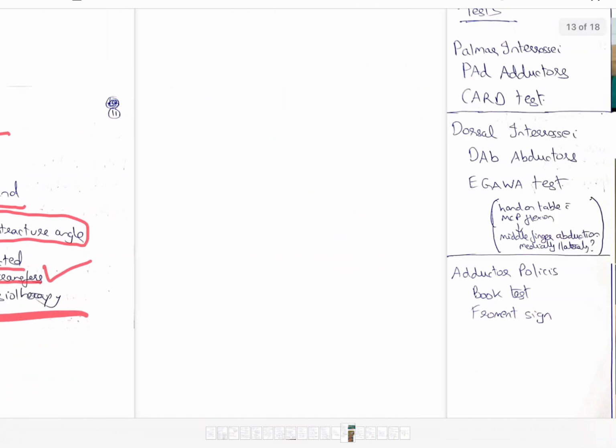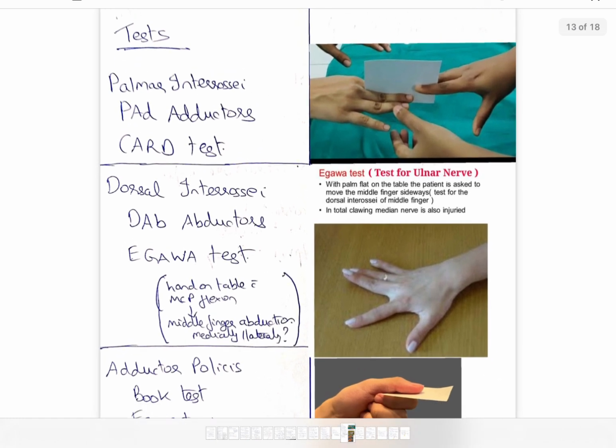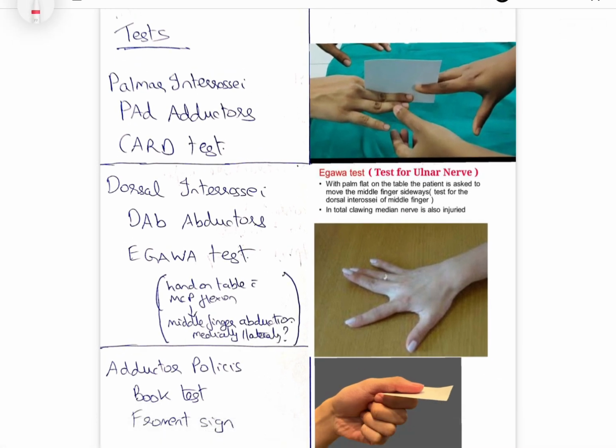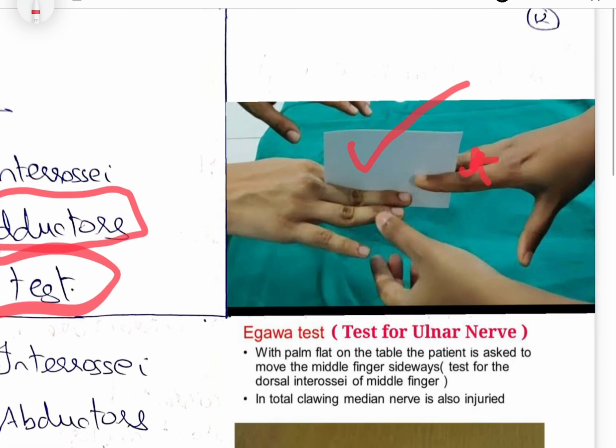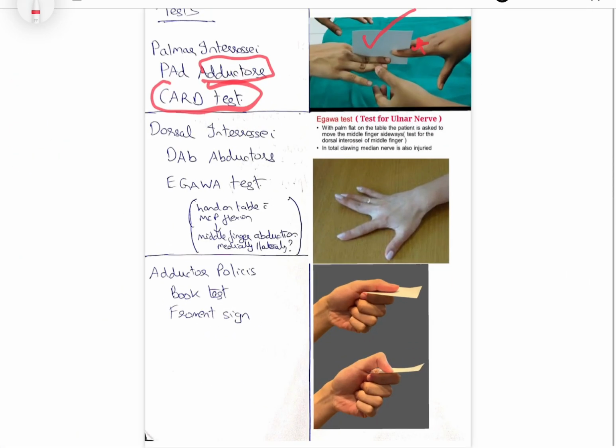So these were two analytical pre-op evaluations which need to be done prior to deciding the modality of management. Okay, so moving forward, some interesting and famous tests for the muscles which are supplied by the ulnar nerve. So the famous card test, which we all know, we test the palmar interossei because it is testing palmar adduction. Now the second test is for the dorsal interossei. What is the function of the dorsal interossei?